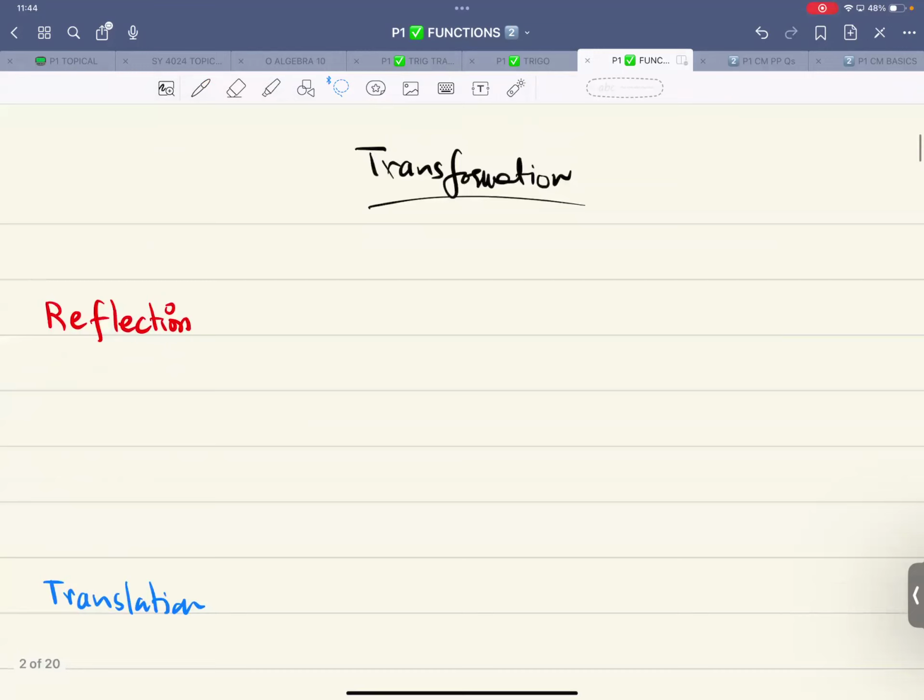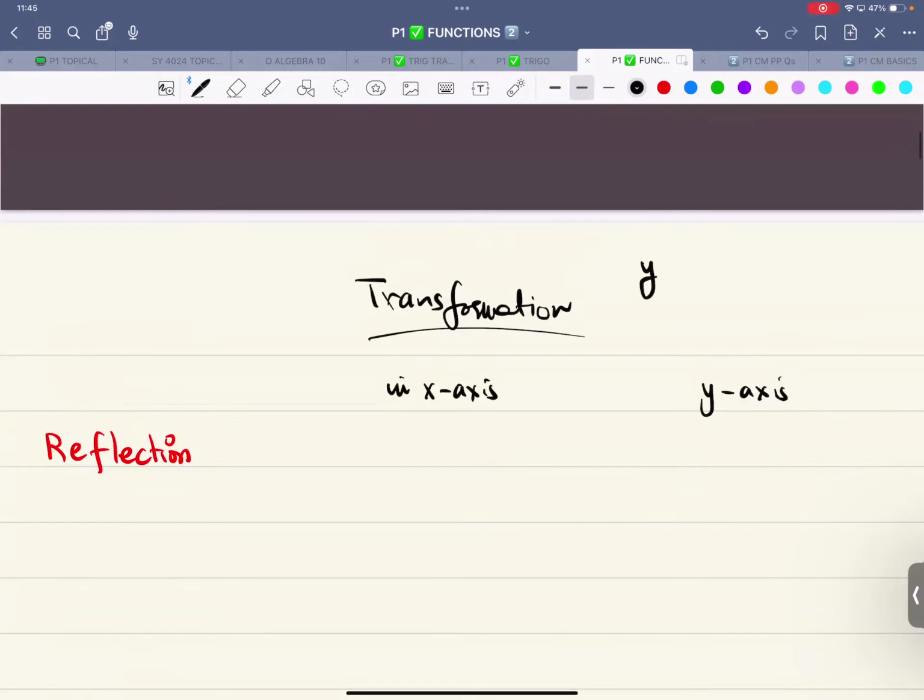Now, when we talk about reflection, there could be two possible reflections: reflection in x-axis and reflection in y-axis. There are two things to consider: what happens to the coordinates, as well as how the original equation will be changed.